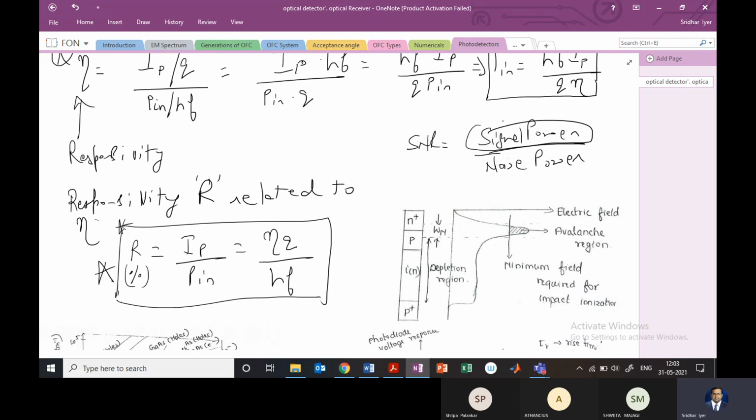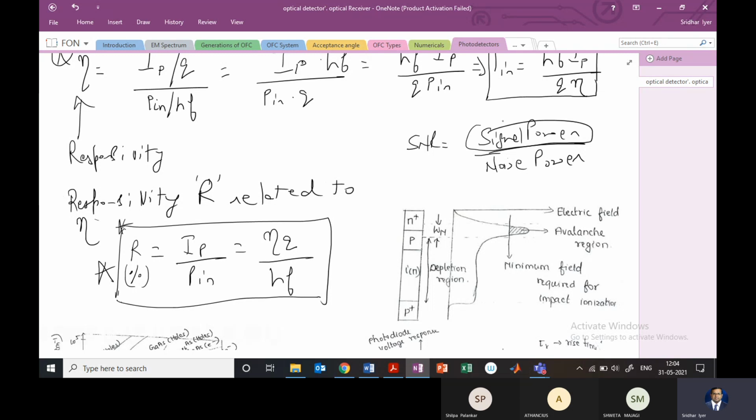Some are going to recombine and light is not going to be generated. So there is some difference in the input and output in that sense, and that is what will be calculated by the responsivity, right? So in general, the silicon ones give you about 70 to 75% of responsivity compared to that of germanium based, but germanium based are obviously a little bit more costly. They are not generally used that much.